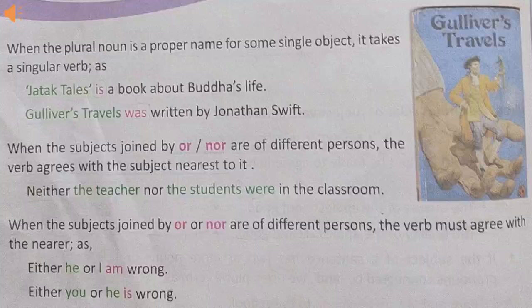In this sentence, the subject I, first person, is near the verb, so according to I, we have used the verb am. In the next sentence, either you or he is wrong. Here, he is near the verb and he is third person, so according to this, we have used the verb is.